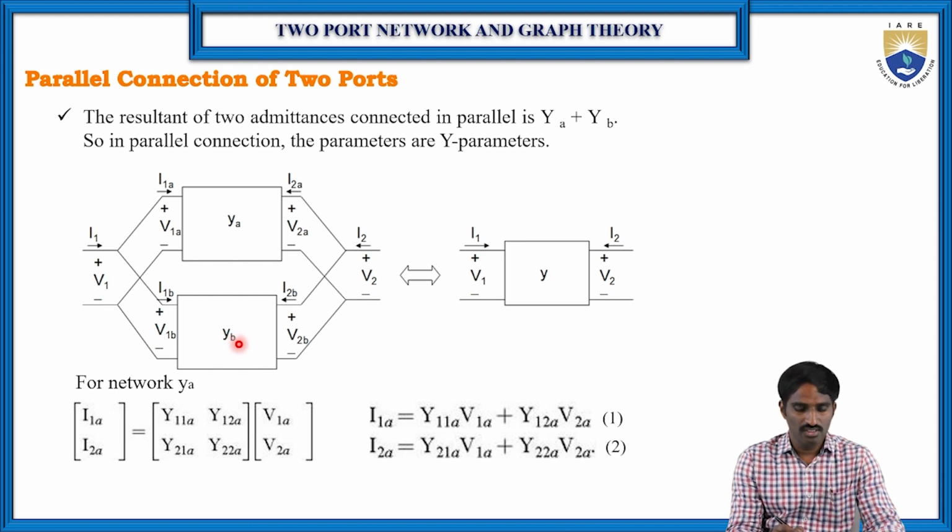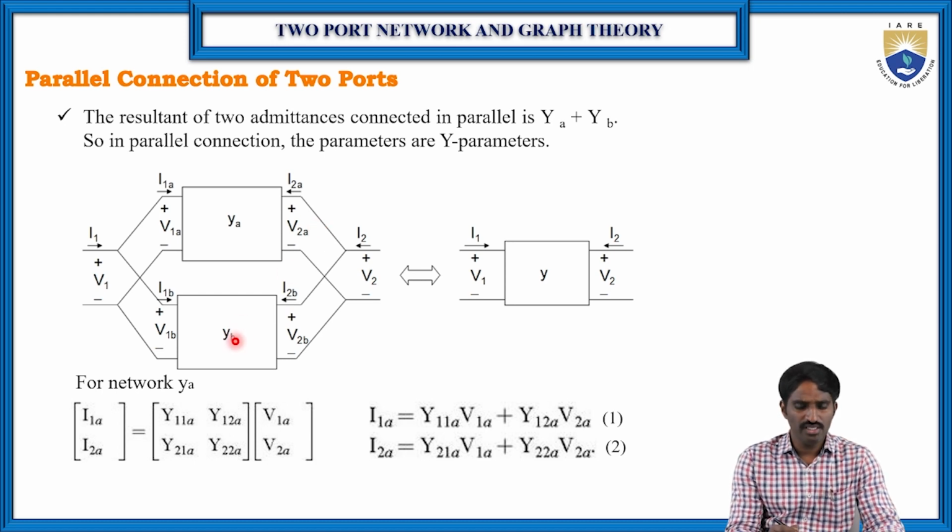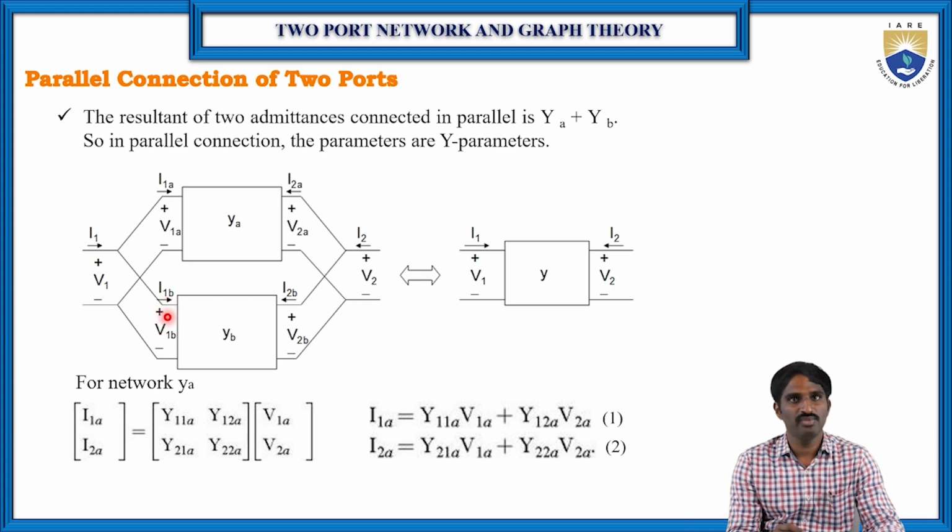Okay, so the same way here the input voltage and input current for the network A are V1A and I1A, and the output voltage and output current are V2A and I2A respectively. Then similarly for the network YB, the input current and input voltage are I1B and V1B respectively, and the output voltage and output current are V2B and I2B respectively.